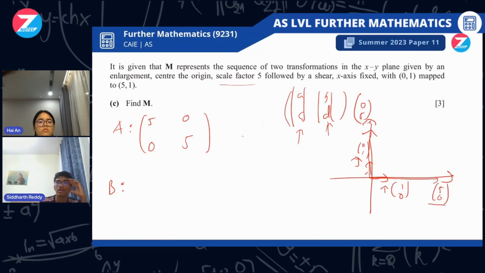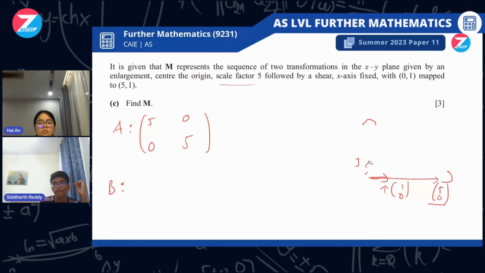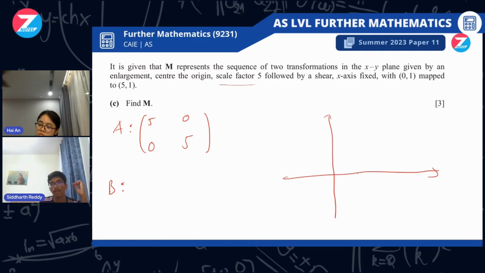They said that the transformation B was a shear, keeping the x-axis fixed, with (0, 1) mapped to (5, 1). Same as before, what this represents geometrically is that i hat stays the same, so it stays as (1, 0), while j hat, which was previously (0, 1), is now being sheared.